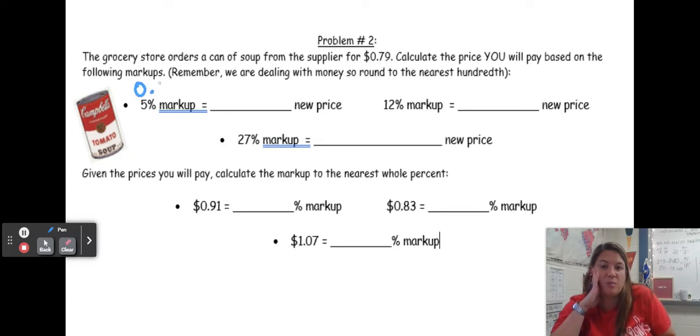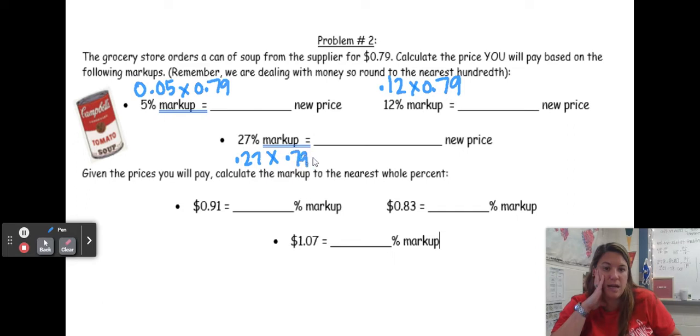So 5% is 0.05 times the 79 cents. The next markup would be 12% times the 79 cents, and then you add it to the 79 cents to get the new price. And this one would be 0.27 times 79 cents. That's the markup. And then you add it to the 79 cents to get the new price. So go ahead and try those 3 problems and pause here and see how you do.